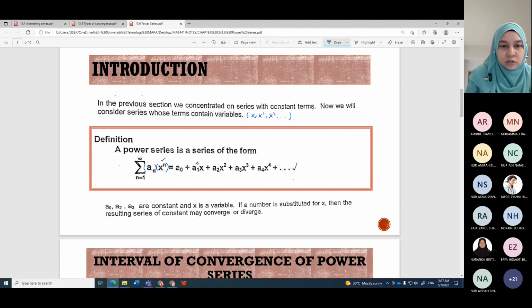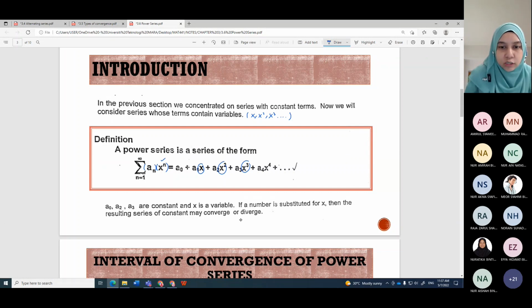Ni constant or the coefficient. a1 is the coefficient for x, a2 is the coefficient for x square, and x is a variable. So kat sini kita ada banyak variable, x square, x cube.